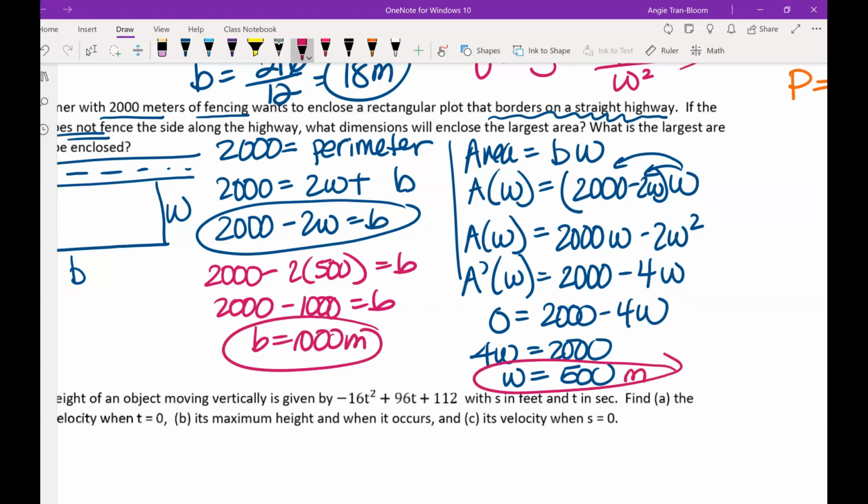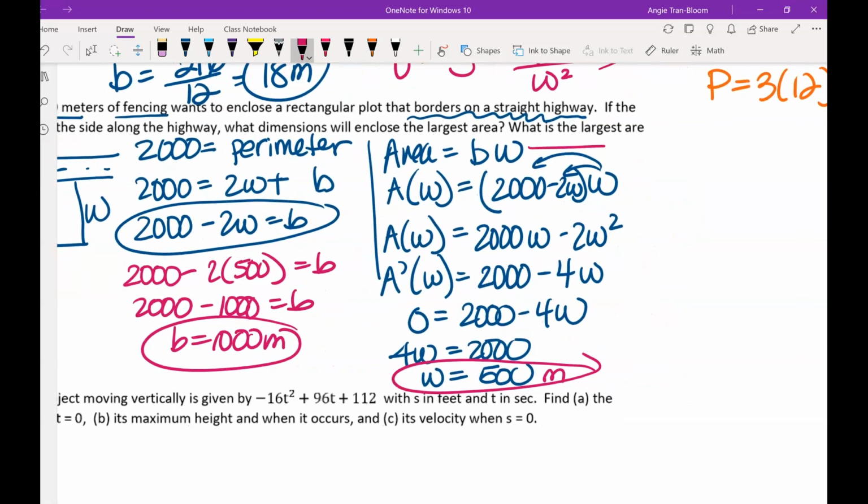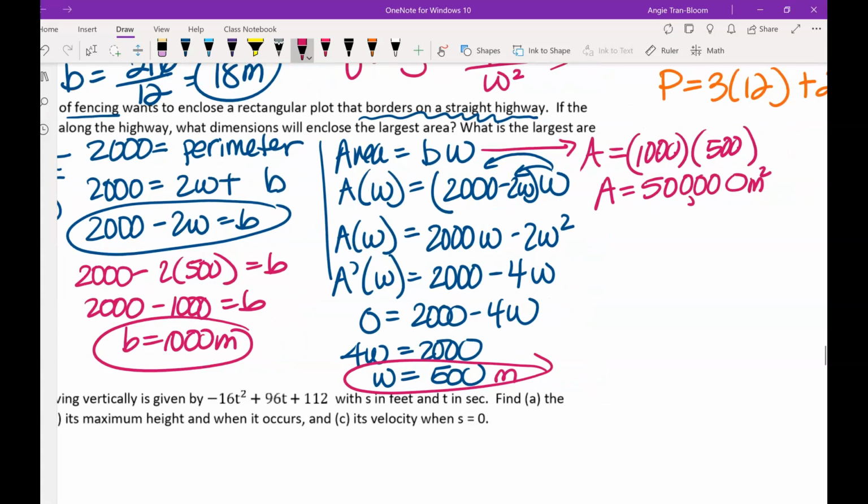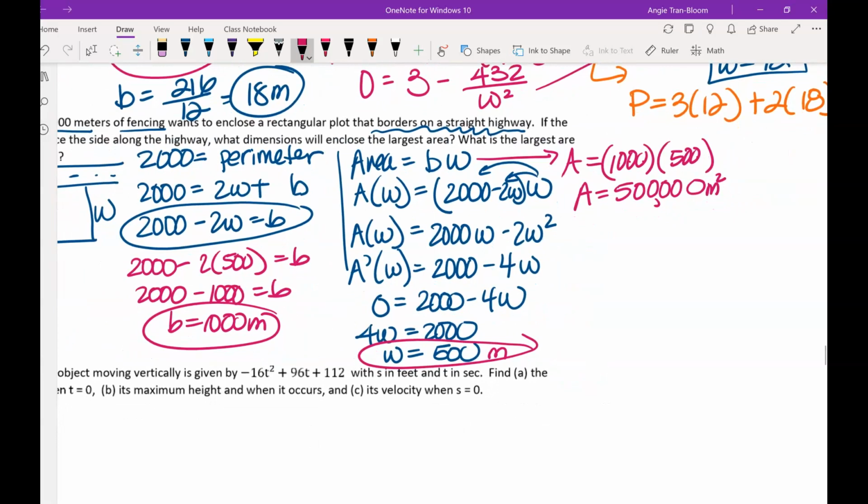This is all meters. And it's looking for the largest area. So we have the base, we have the width. Area equals 500 times 1,000. So area equals 5 zeros, so 500,000 meters square. So let's write that out, guys.